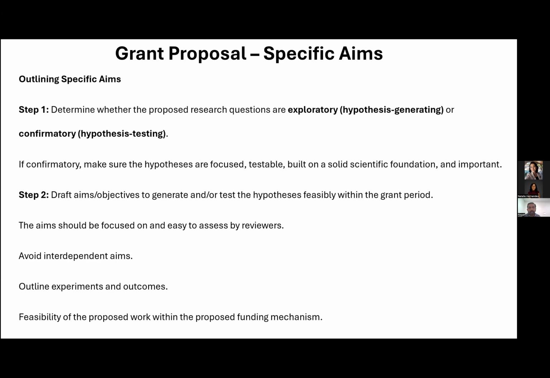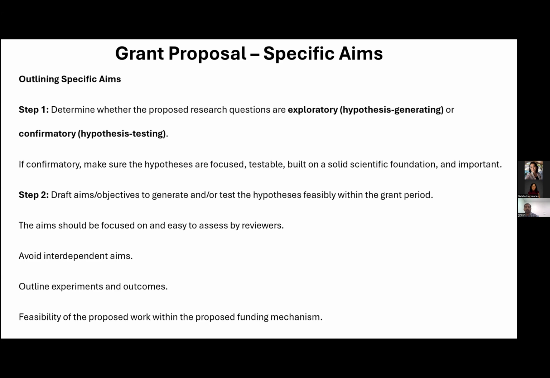Try to make independent aims; however, they should be complementary. We need to outline the experiments, and if you have enough space, add one sentence regarding the expected outcomes, what outcomes you expect based on these aims.